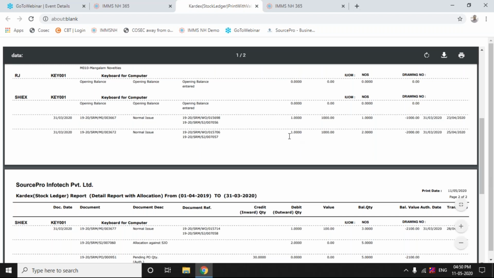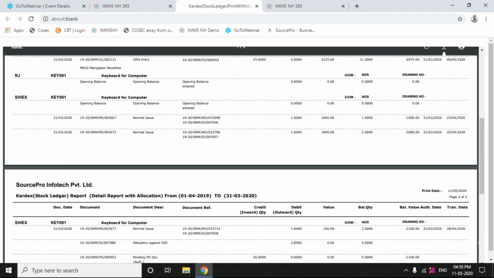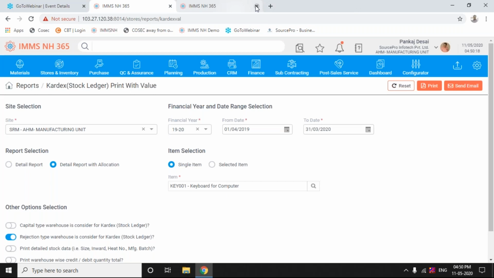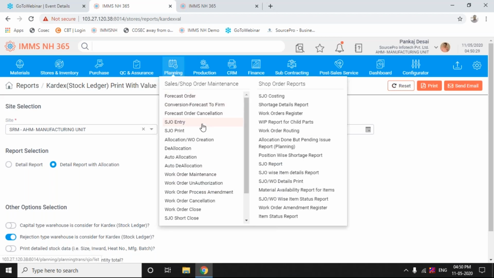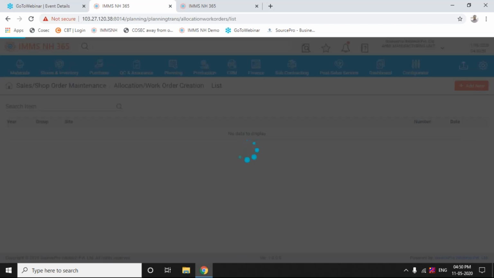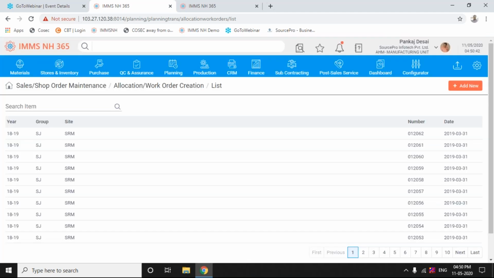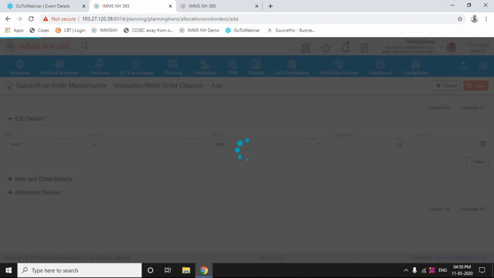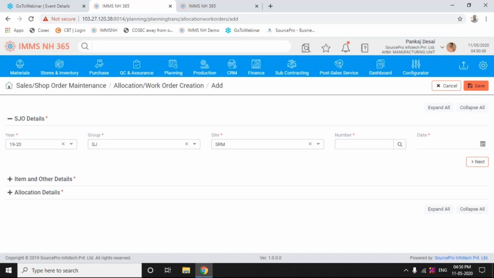Okay. So we'll take this up in the next session again, so we can verify this. Let's go back to the planning module, where against the SJO the allocation can be done. This part we had already seen. So in the right click, I suggest Sunil, generate a work order from there.